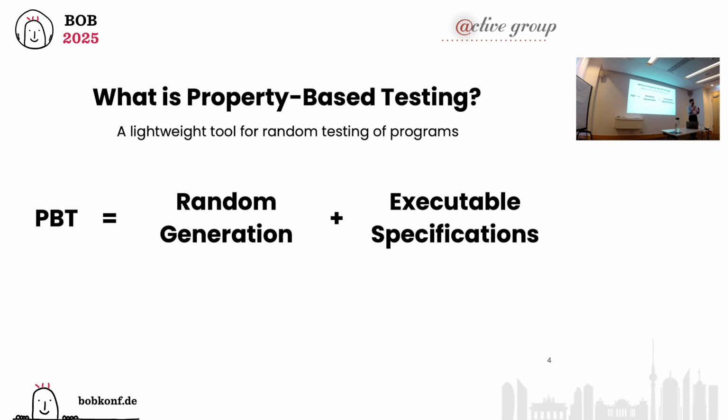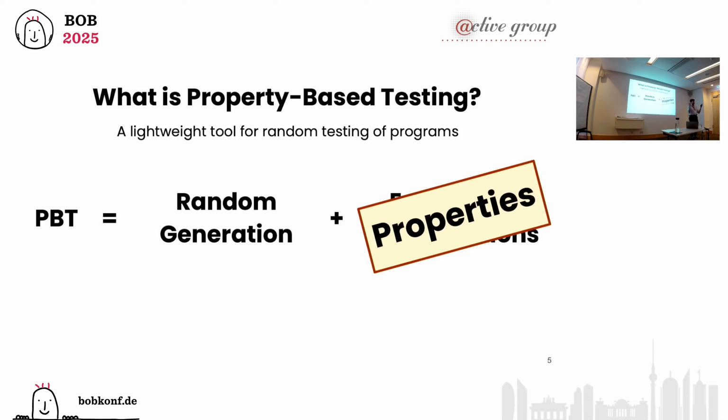You want to be able to somehow pick elements from the state space of your program. And the second is what we call executable specifications. They look very cool, but they are plain properties at the end. So they are the main object that, when we are doing property-based testing, we work around, talk about, try to understand, and craft.